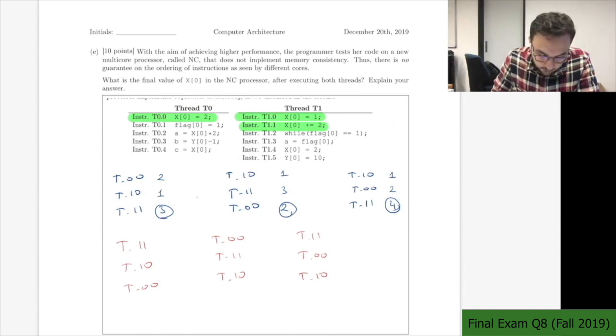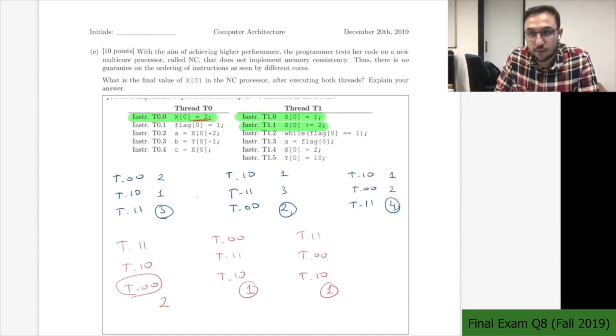The first sequence ends with T00, which makes x0 equal to 2. So this result is 2. Here it ends with T10, meaning that x0 can get the value of 1. And this ends with T10, meaning that it can get the value of 1 at the end. Therefore, all possible values that x0 can get in this question are 1, 2, 3, and 4.